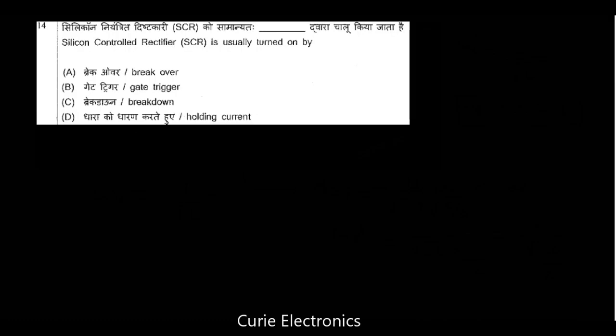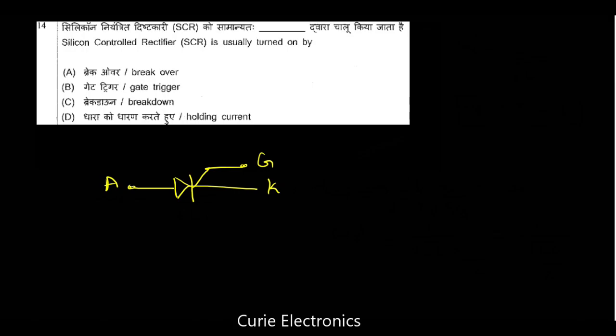Silicon control rectifier is usually turned on by. How will it turn on? We have the silicon control rectifier. So this is the anode, cathode and gate.